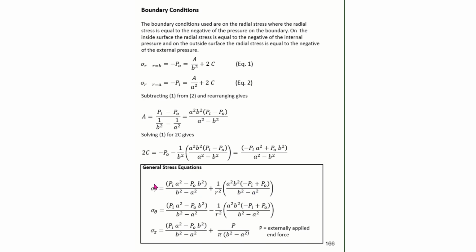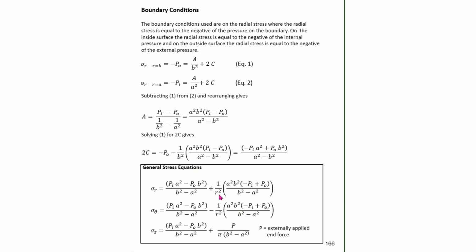And again, we note that the only difference between sigma r and sigma theta is this minus sign. So to review this expression, a is the inside radius, Pi is the internal pressure, Po is the external pressure, b is the external radius, r here is the point of interest.